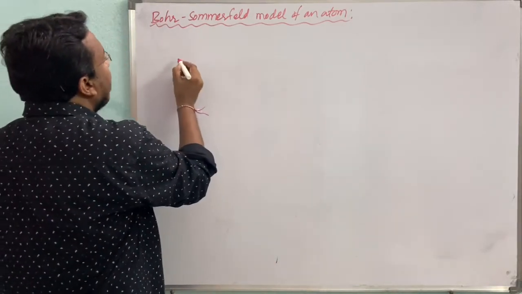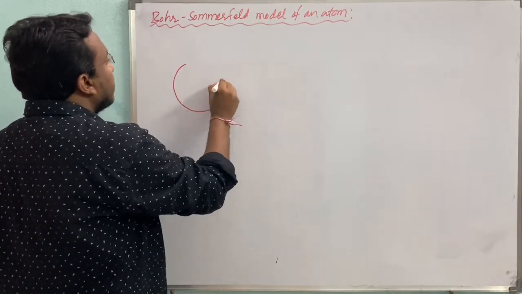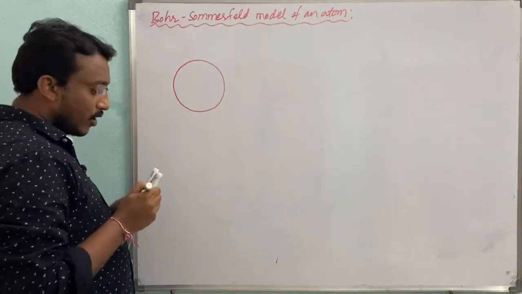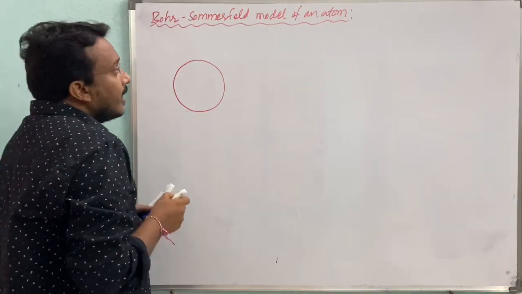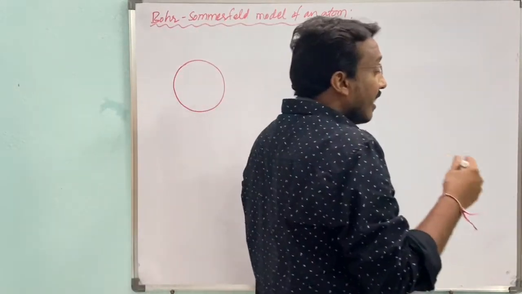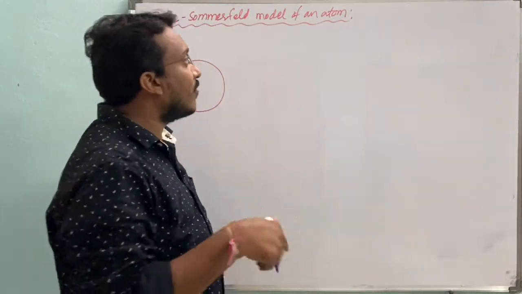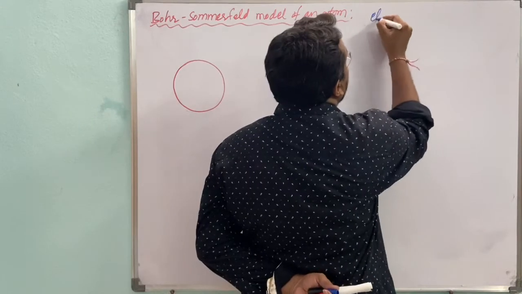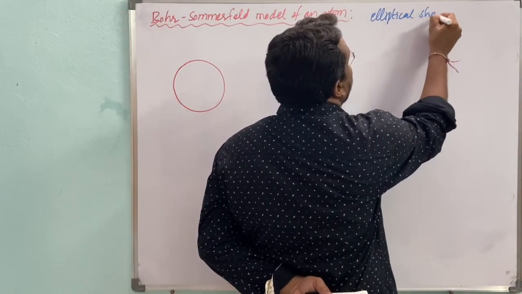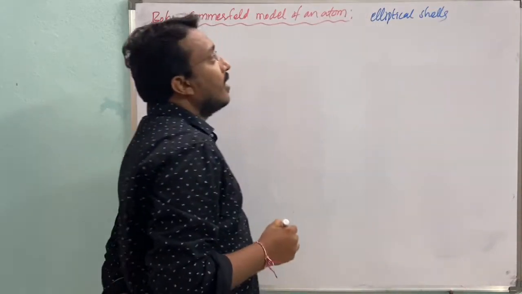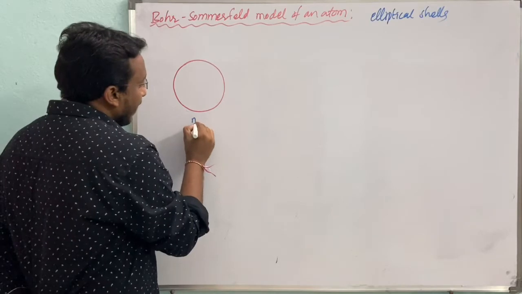Bohr's atomic model consists of circular orbitals. Along with the circular orbitals, Sommerfeld included elliptical shells.